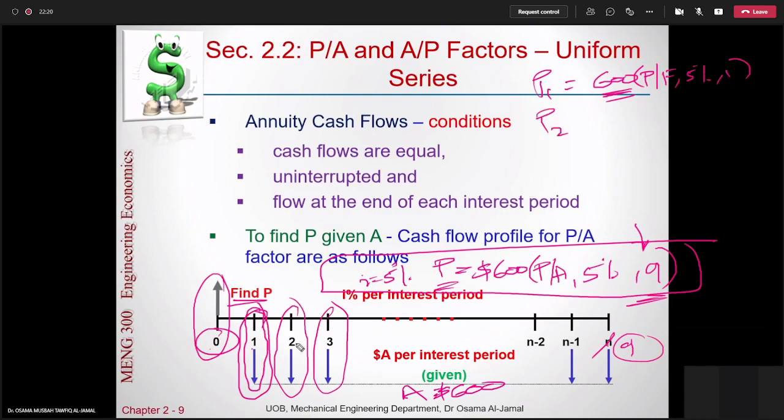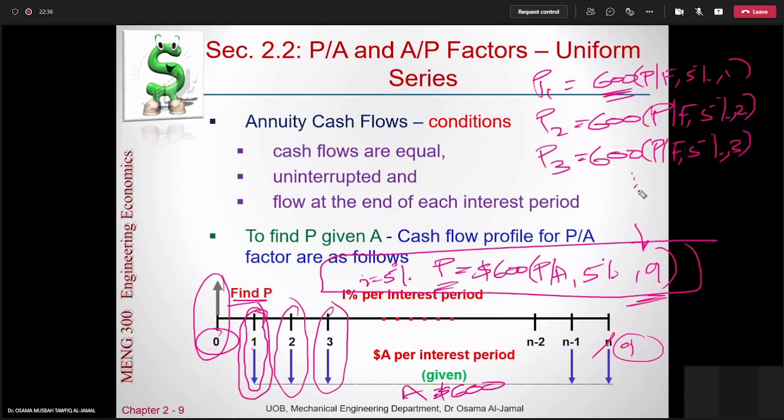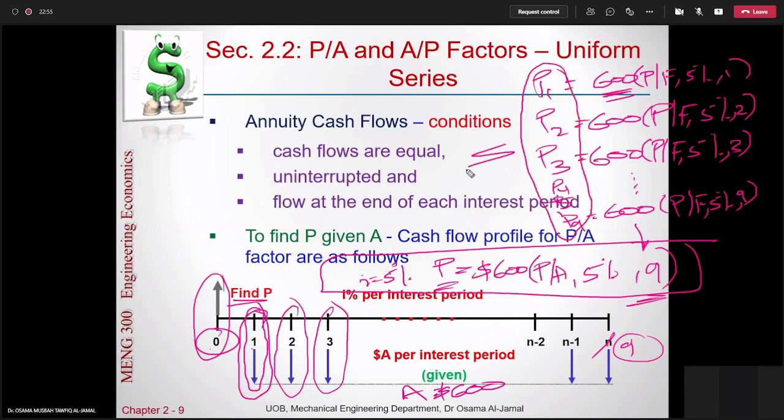For the second period, same thing: P given F, 5%, 2. The third one, same thing. Do the same for P4, P5, P6, P7, up to P9: 600 P given F, 5%, 9. After doing this, sum them up. Take the summation of all those to find that P.